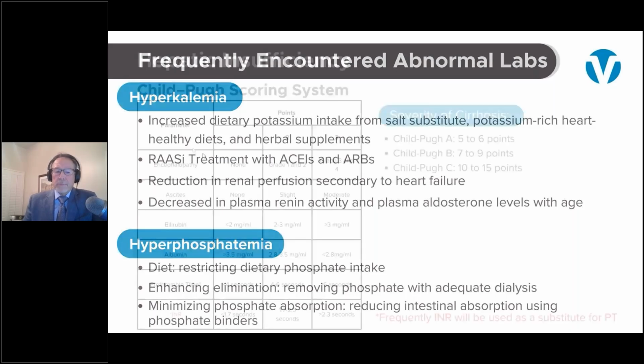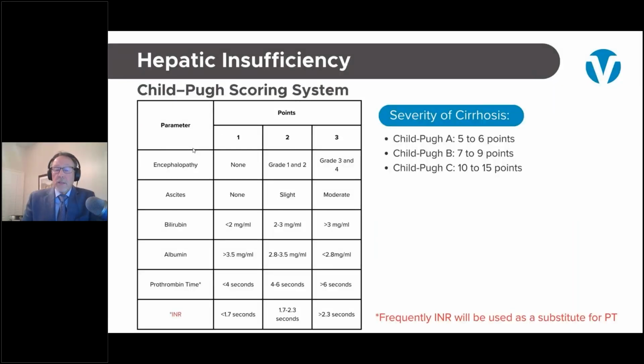Next slide, please. As Dr. Alcorn mentioned, the Child-Pugh scoring system is used for determining the level of hepatic insufficiency. As you can see on the table, bilirubin, albumin, prothrombin times, and/or INRs are the laboratory values that will be critical to determine whether or not the Child-Pugh score is appropriate.